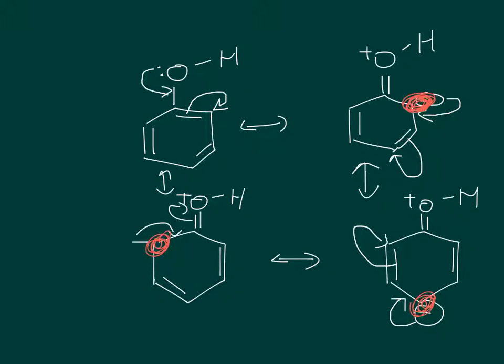So if your electrophile is coming in to attack, and for the bromination of phenol that's going to be Br+, Br+ is going to be attracted to the second carbon, the fourth carbon, and the sixth carbon more than the third and the fifth carbon, because they haven't got such a great amount of electron density.